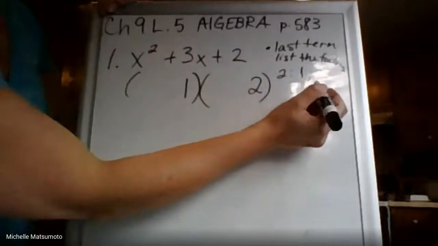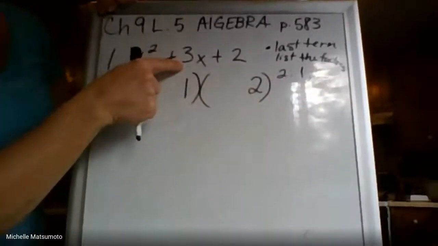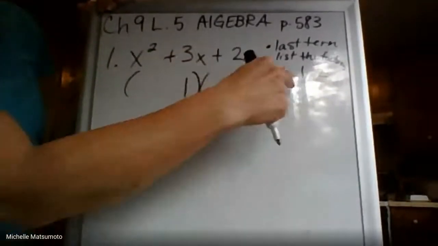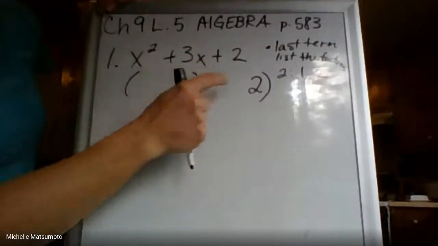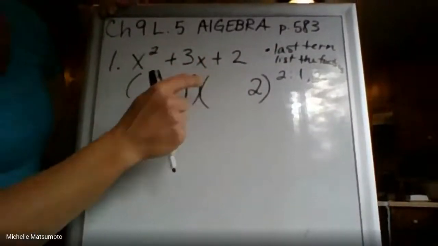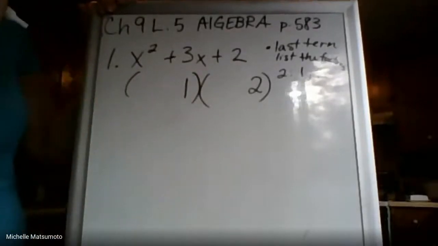And those factors have to equal 3 somehow, whether we're going to add them, whether they're positive or negative. Since this problem is positive, both of our binomials are going to be positive.